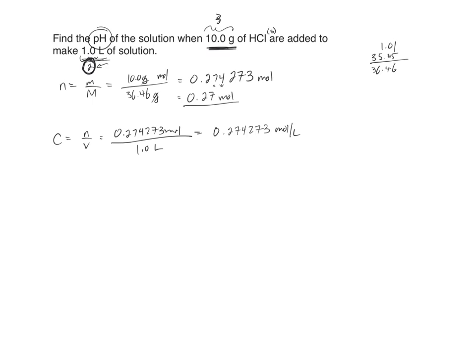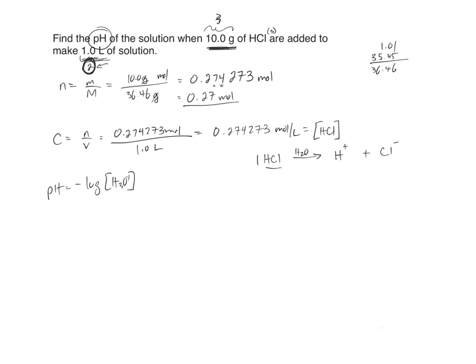Now I have to find the pH. So the pH is equal to negative log of the hydronium ion concentration. But this one here is actually equal to the concentration of hydrochloric acid. So I probably should write my dissociation equation. HCl dissociates in water to form hydrogen ions plus chloride ions.